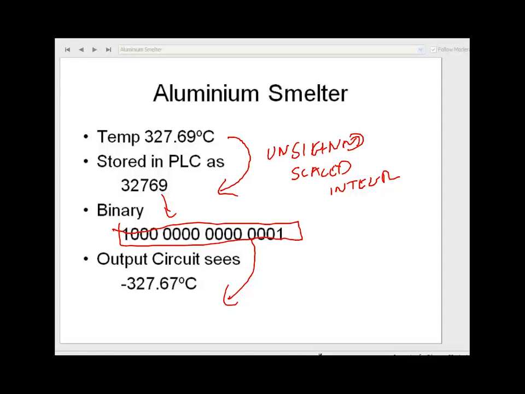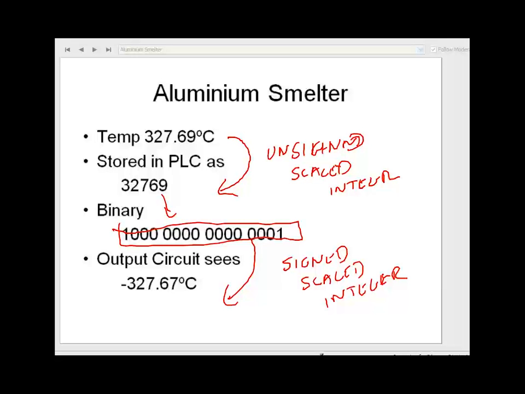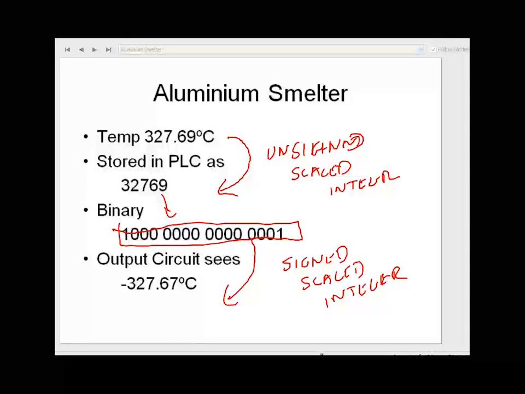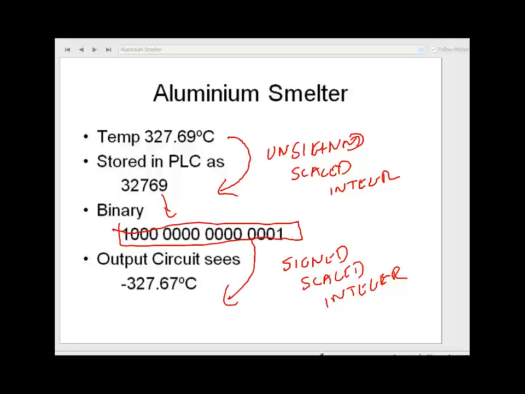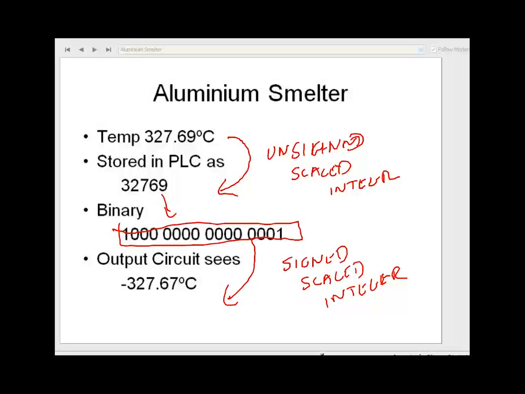And unfortunately, the output circuit, which is working in signed scaled integer, interprets that number as a massive negative number. And the entire system breaks down. In fact, the only thing that saved the day was the main breakers blowing.